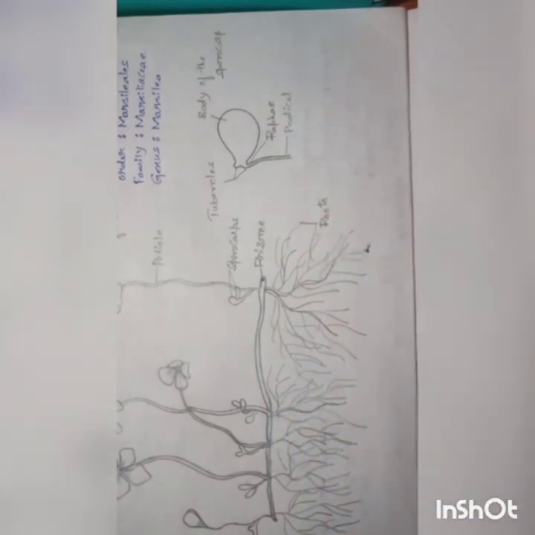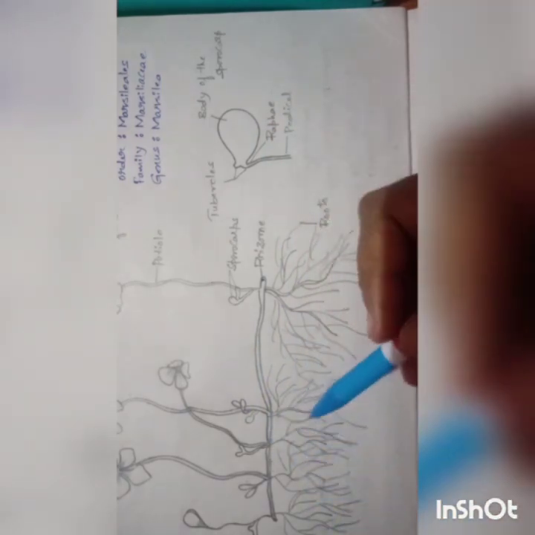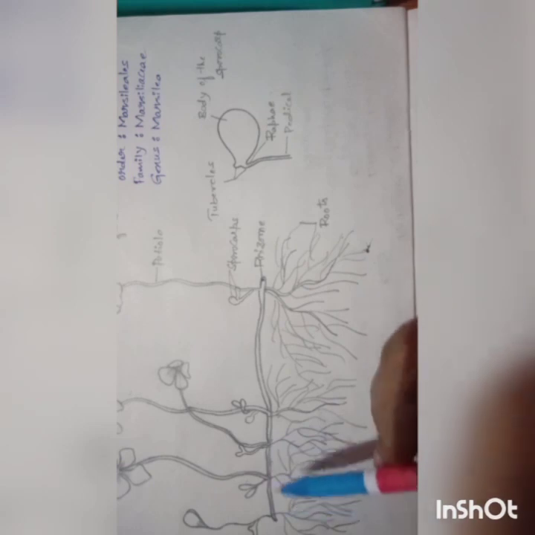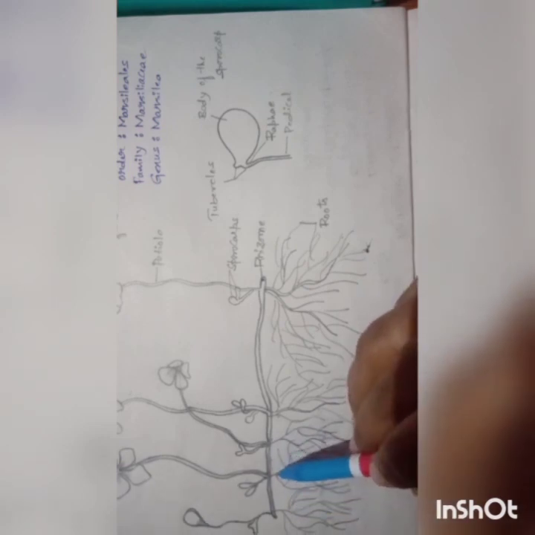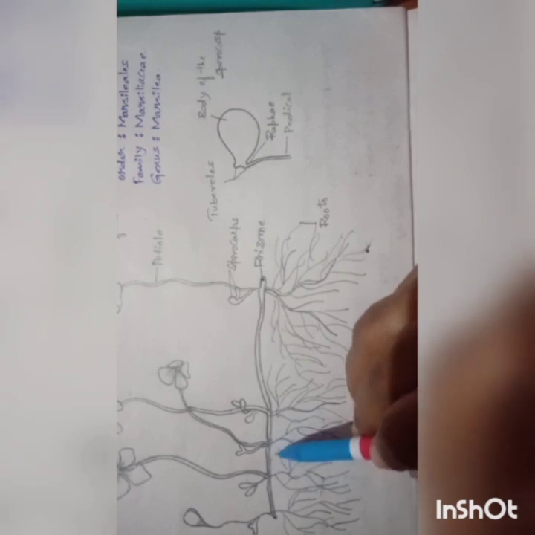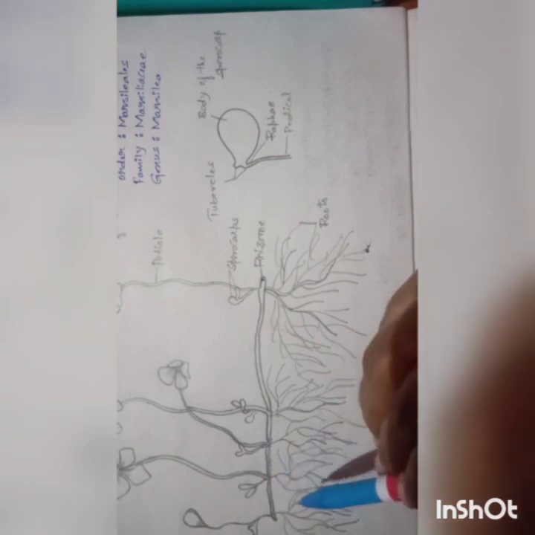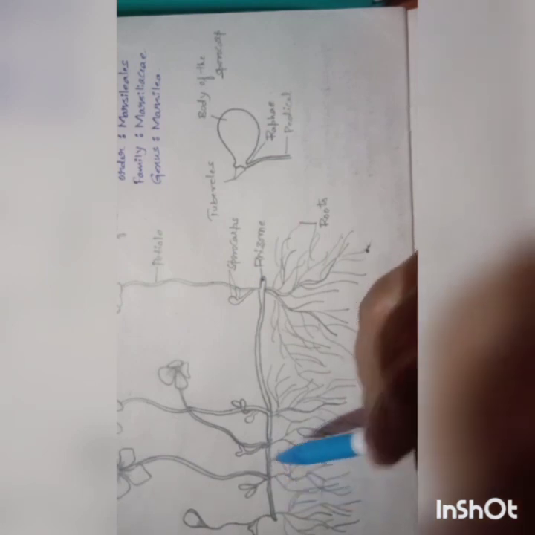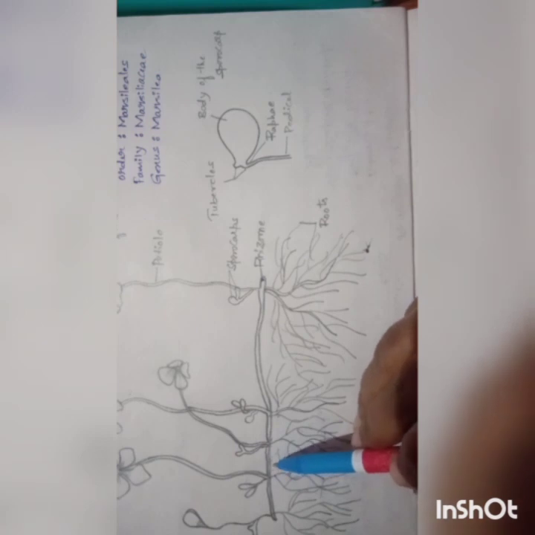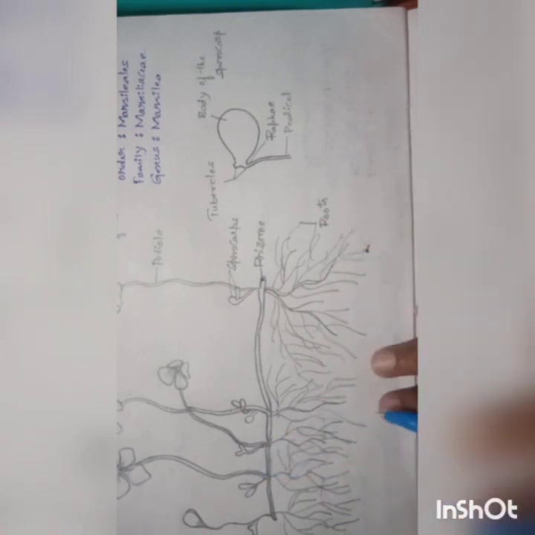These adventitious roots arise from the nodal region or from the internodal region. In some species of Marsilia, the adventitious roots arise from the nodal region, and in some species they arise from the internodal regions.